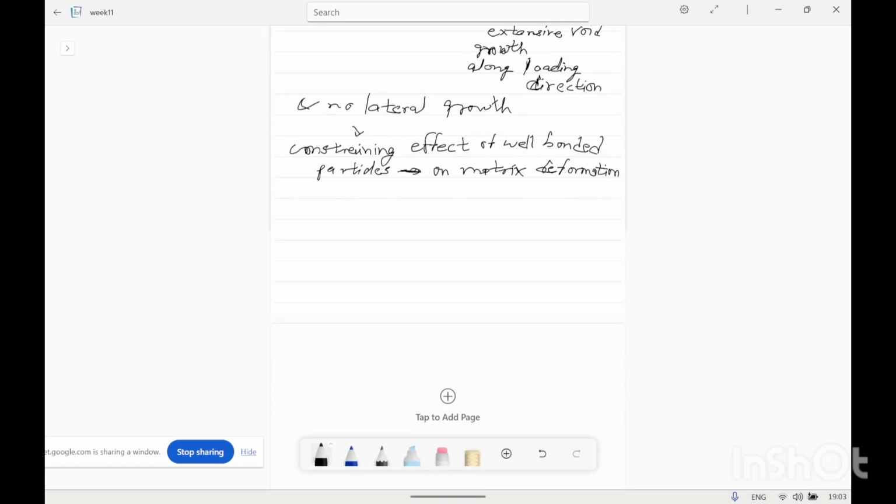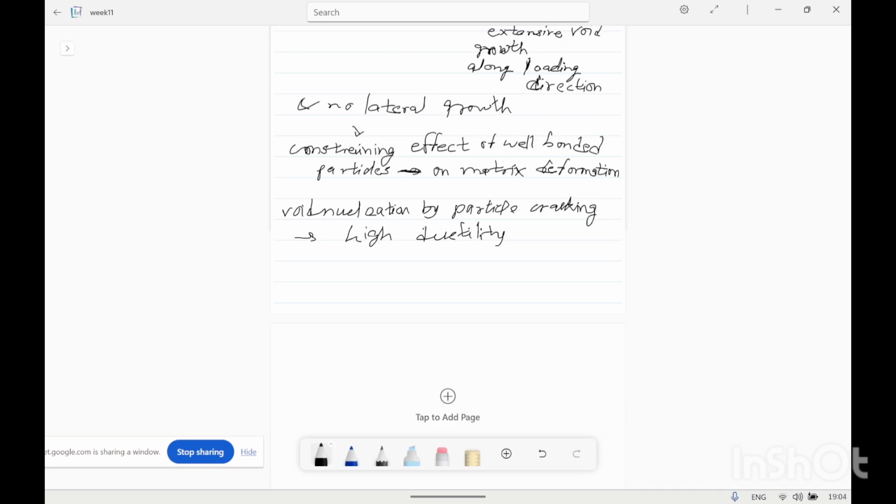And void nucleation by particle cracking leads to very high ductility.